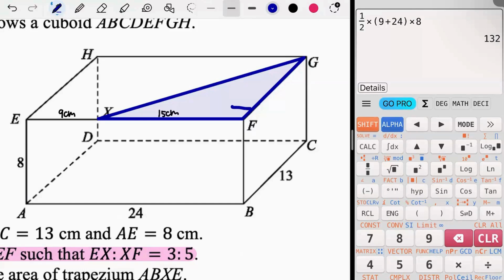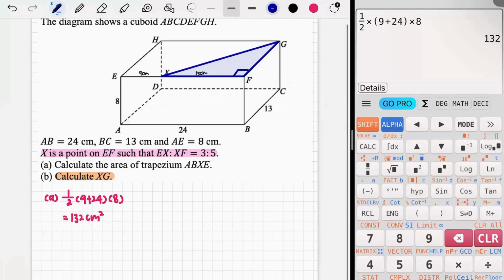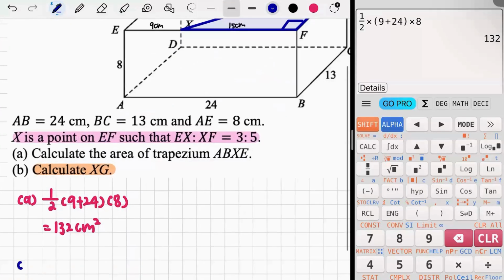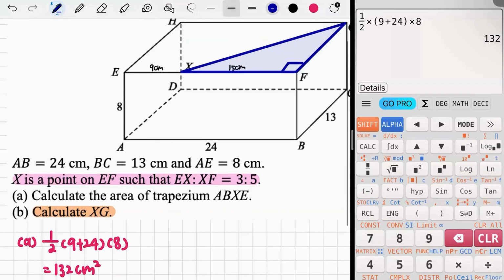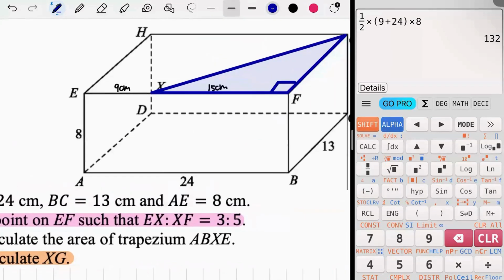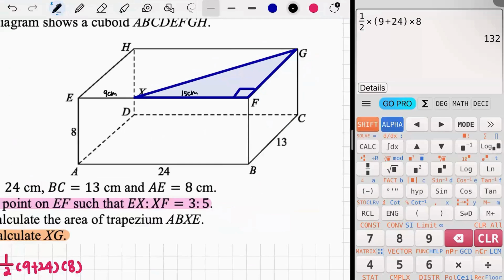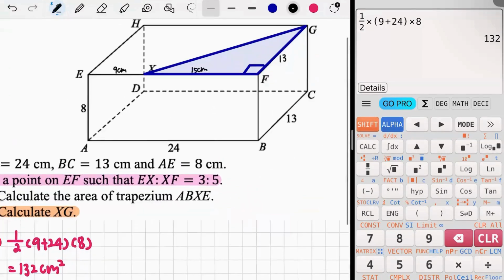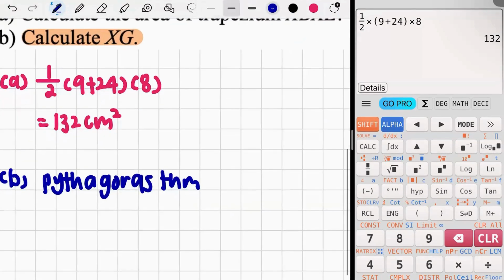So since it's on the rectangle, this one over here is a right angle. So actually this should be a 1 mark question only. You've got to just use your Pythagoras theorem. This part here will be 13, because it's the same as BC. So XG is the hypotenuse.